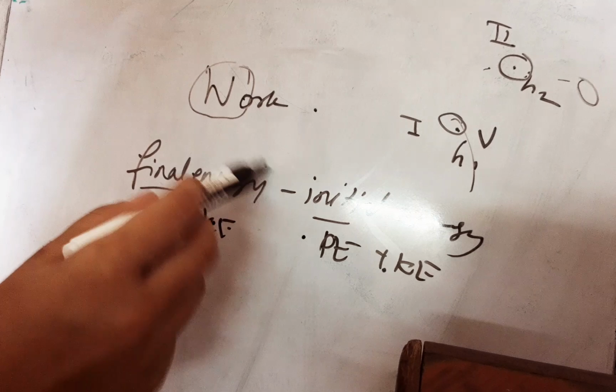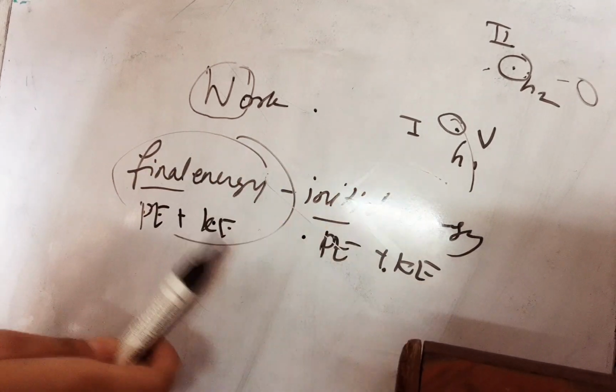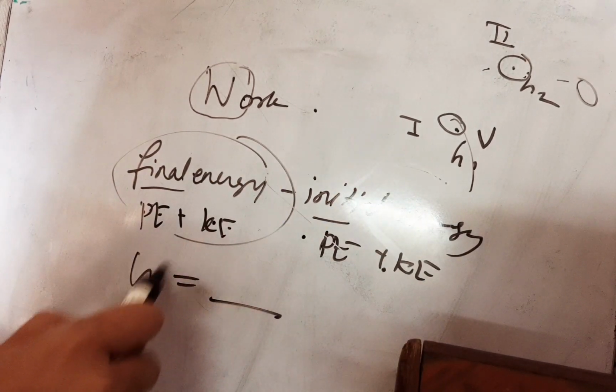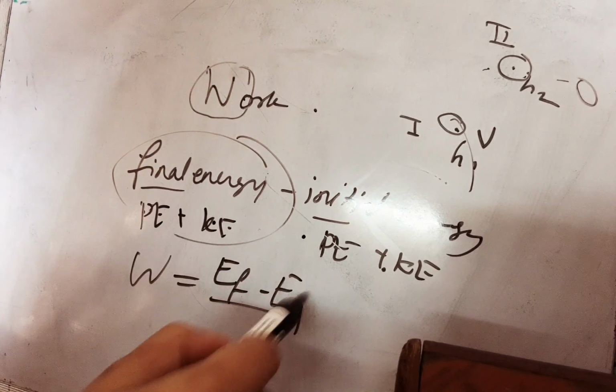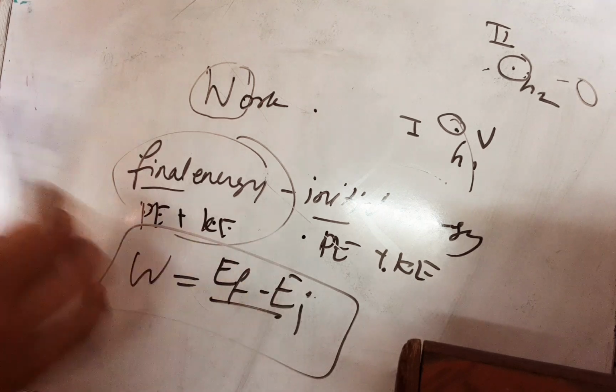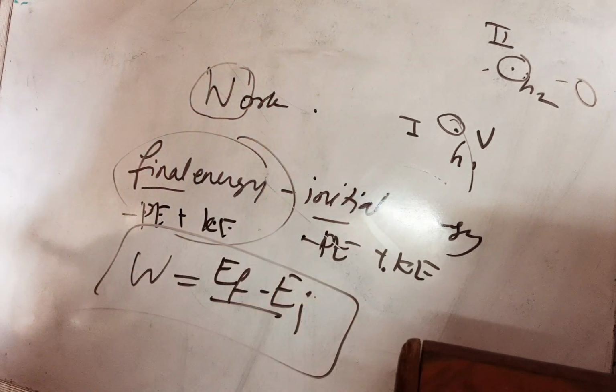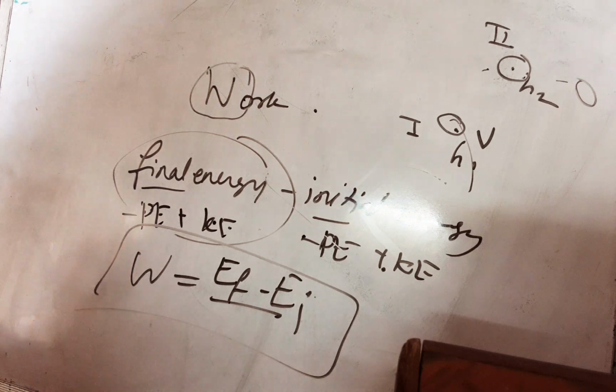Do those additions, whatever you get for the final energy, subtract the initial energy from it, and whatever value you get is the work done. So final energy minus initial energy is work done, always remember this. And don't forget to take the minus sign for potential energy, so you will get a correct answer.